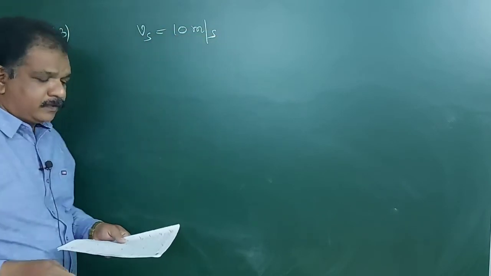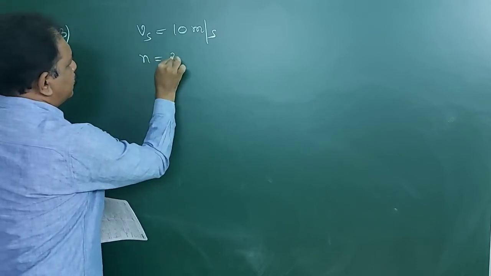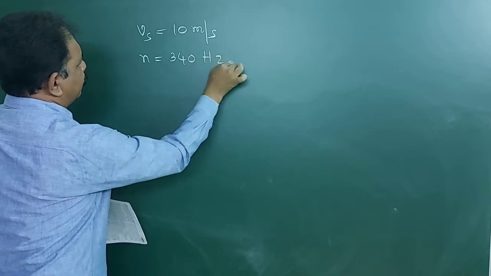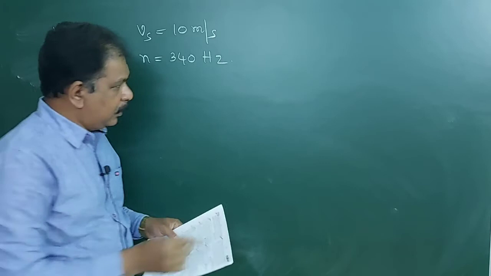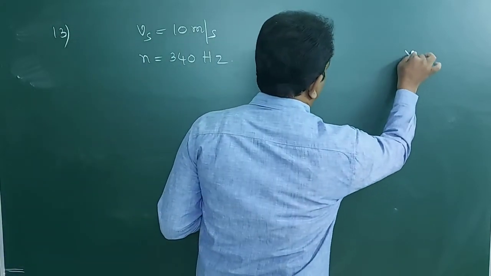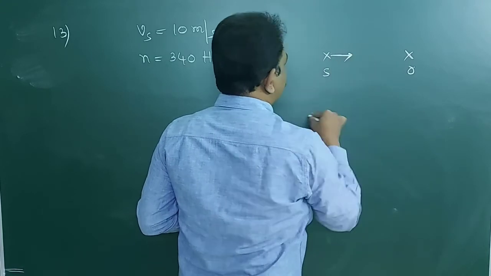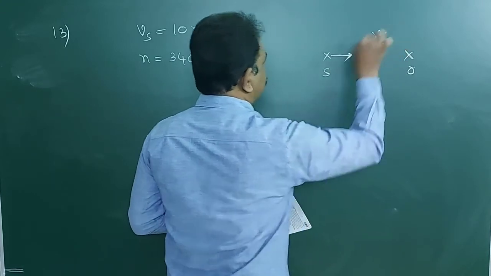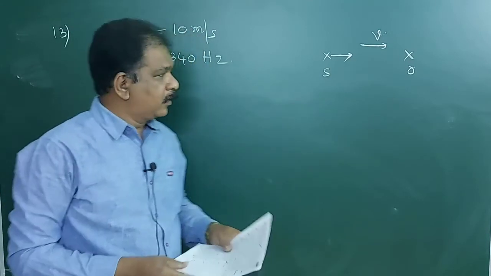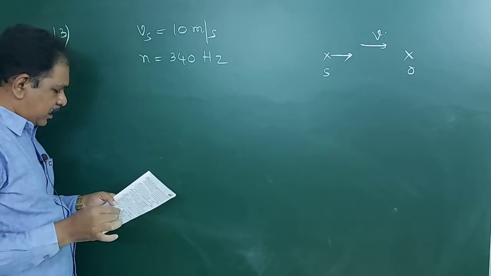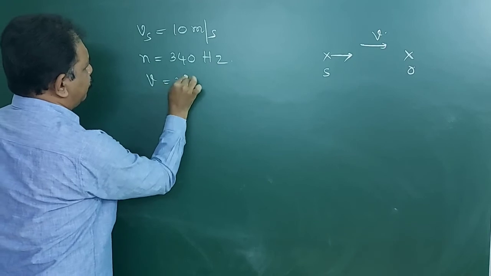It is producing sound of frequency 340 Hz. Stationary observer. So here the observer is stationary, and the source is moving towards the stationary observer. Always the velocity of sound is from source to observer. Here they are asking the apparent frequency.